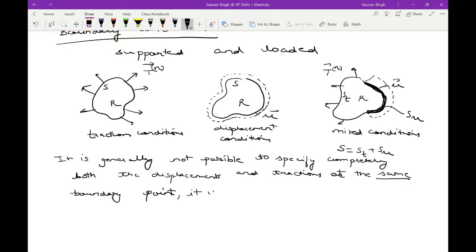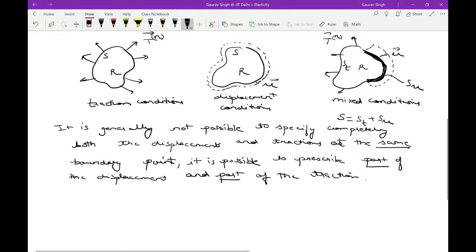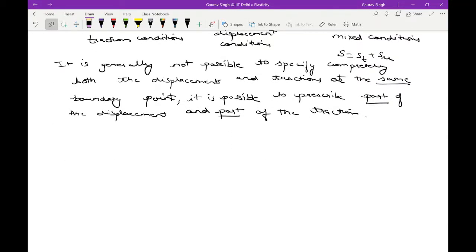It is possible to prescribe part of the displacement and part of the traction.